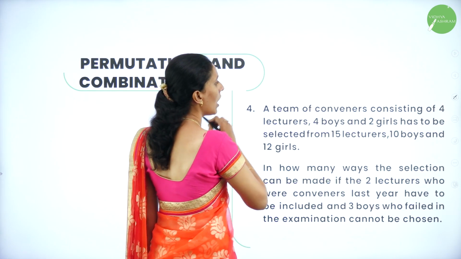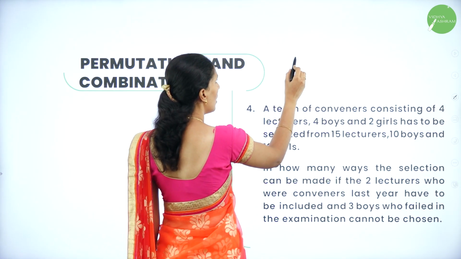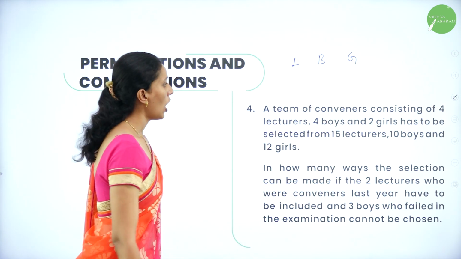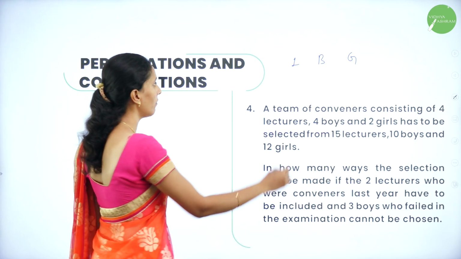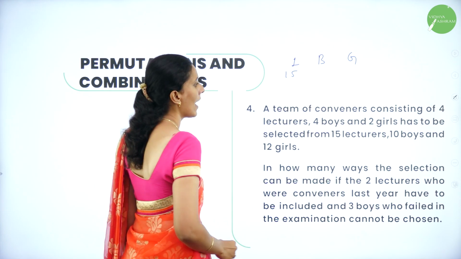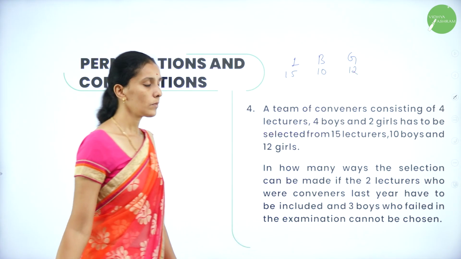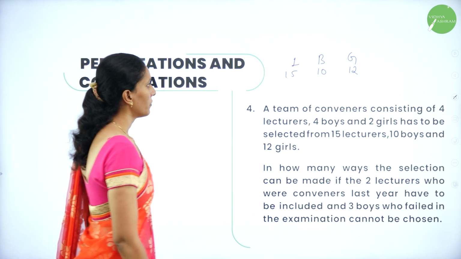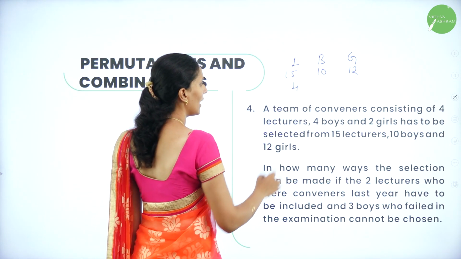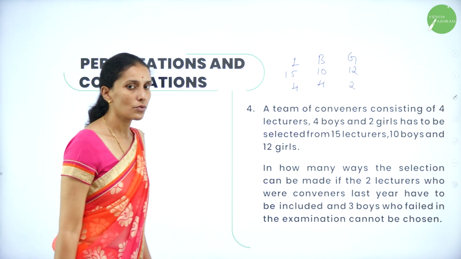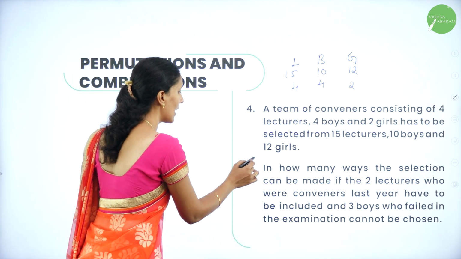We have lecturers, boys and girls: 15 lecturers, 10 boys and 12 girls. Out of that, we are supposed to choose 4 lecturers, 4 boys and 2 girls. This is my actual question, and here is the condition.